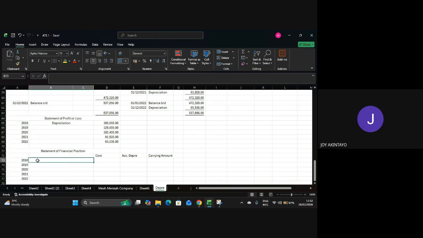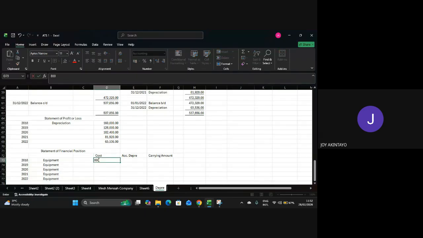So we have equipment here. You know this has been constant. Put it like this. Then your cost is 800. Then accumulated depreciation.